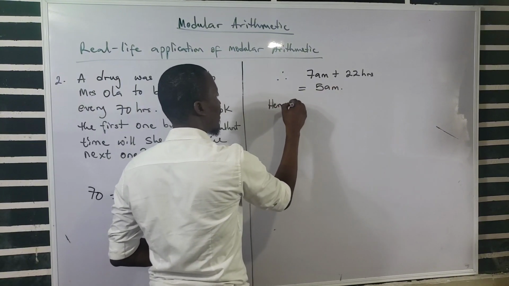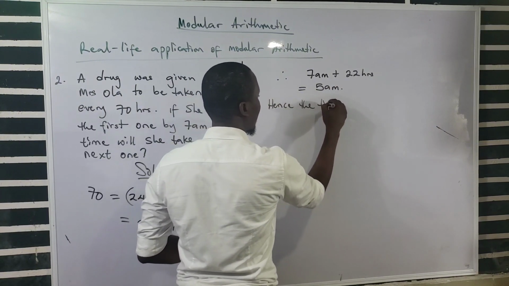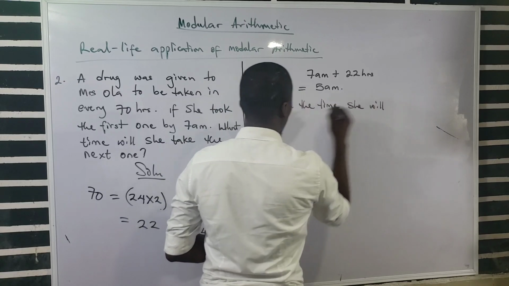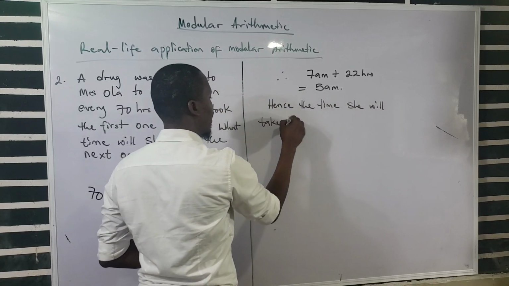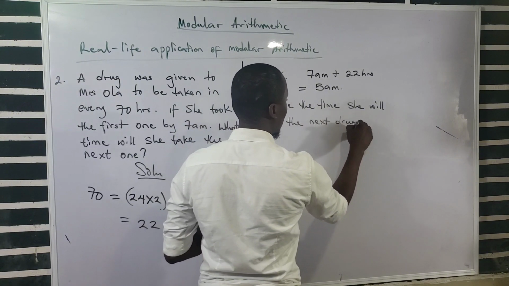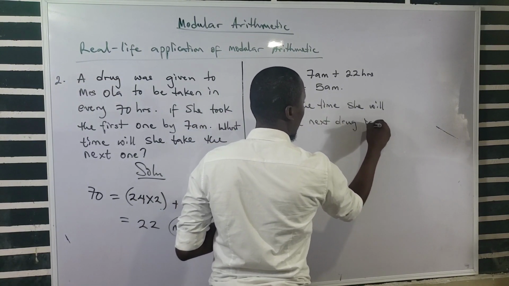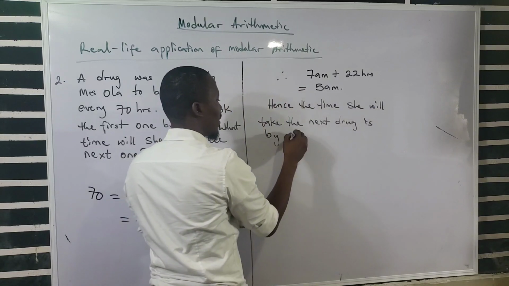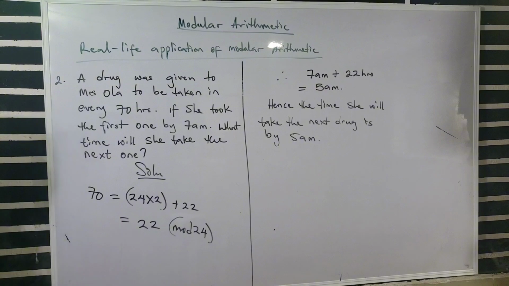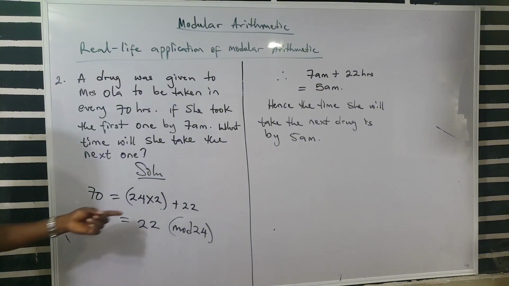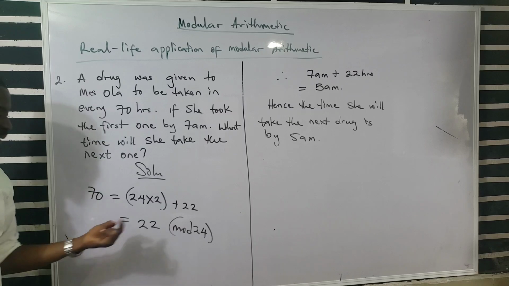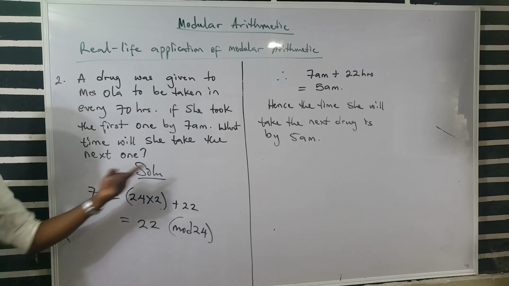Hence, the time she will take the next drug is by 5 a.m. Of course, that's the next 3 days, because 24 hours first day, another 24 hours second day.